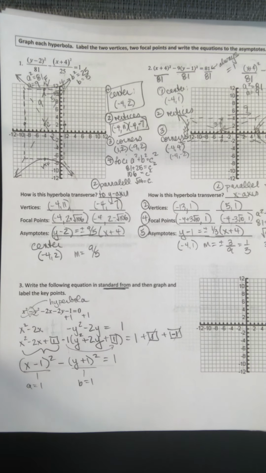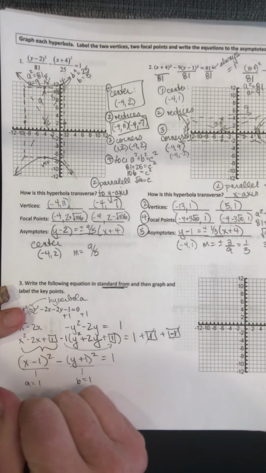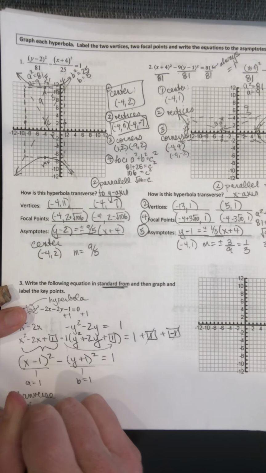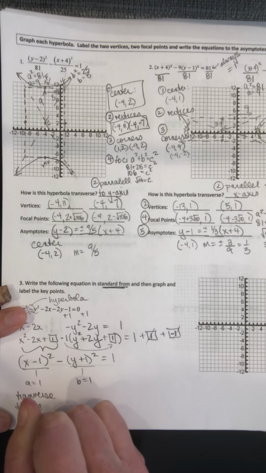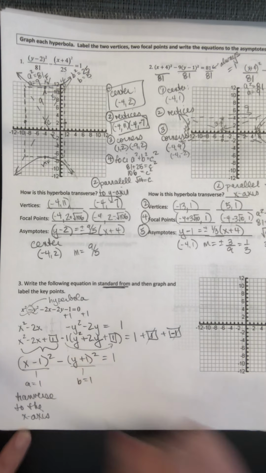So I tried to keep the numbers kind of smaller here so we could graph it relatively quickly, because this video is kind of long, so I'm trying to speed it along. So I know this is x-axis parallel, so transverse to the x-axis, right? Because that's my positive term. Okay, so that's going to be my A.